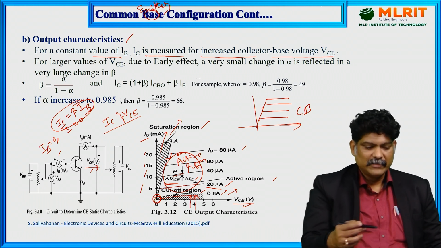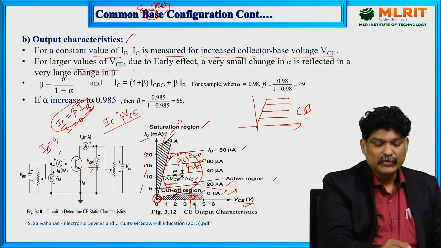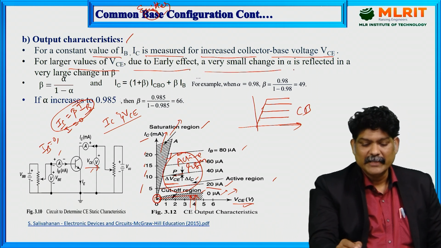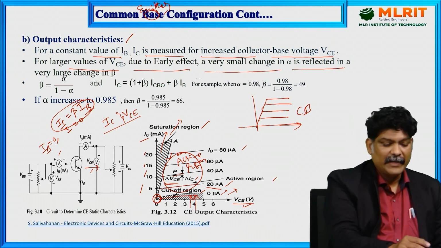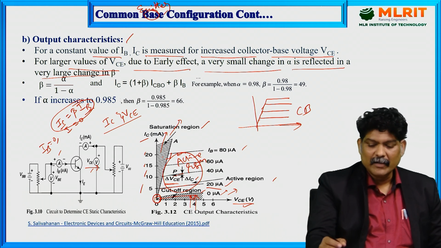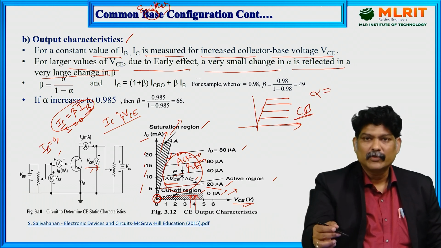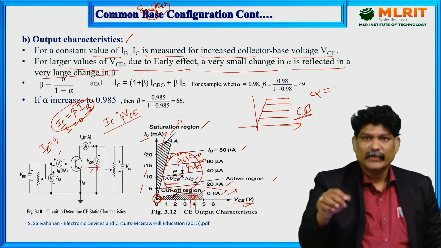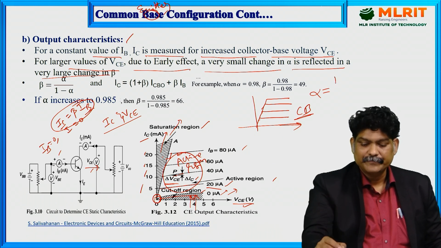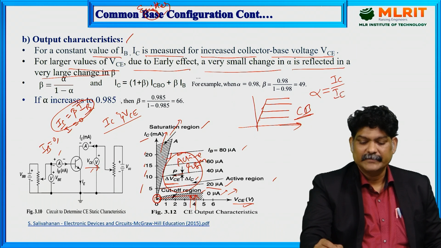And what are the consequences? For large values of VCE, due to the early effect, a very small change in alpha is reflected in a very large change in beta. What is alpha here? In common base, alpha is output by input. The output is IC and the input is IE.